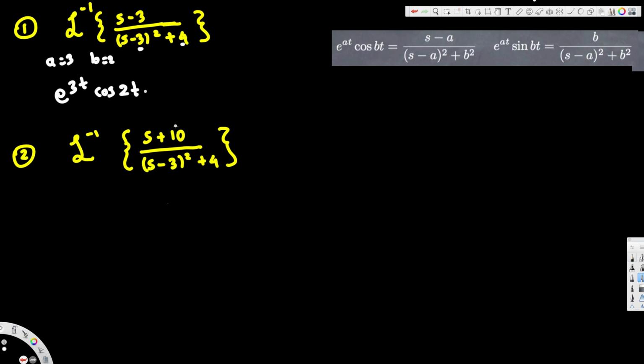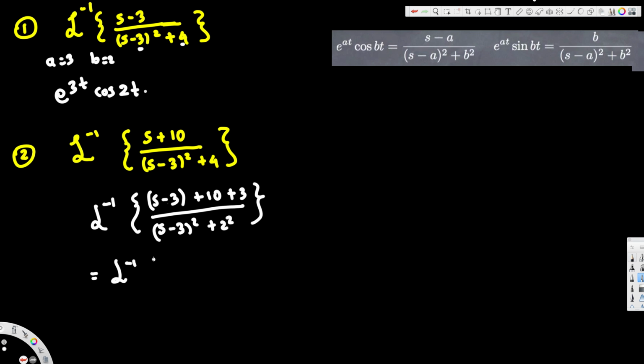To get that, we can subtract 3 from this, and if we subtract 3, we have to add 3 outside. So we have plus 10, actually plus 3, and in the denominator we have the exact same thing, (s − 3)², and we can write this as 2².